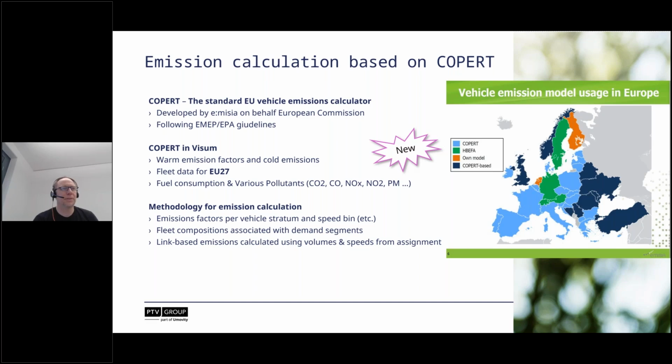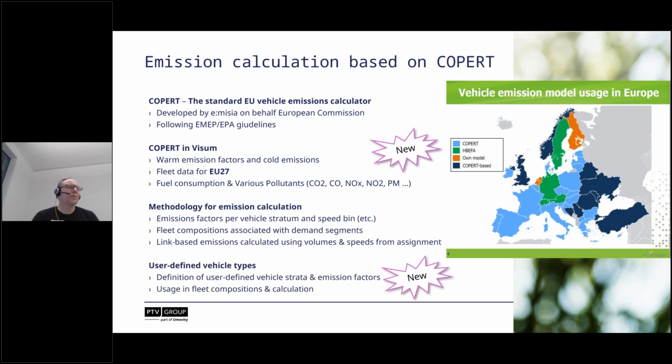And this is part of the database being provided with COPERT. And you basically select from that and associate that with demand segments in your assignment model. And then from that, for each link, total emissions for the different pollutants and fuel consumption are calculated using the volumes and the speeds coming from the assignment.